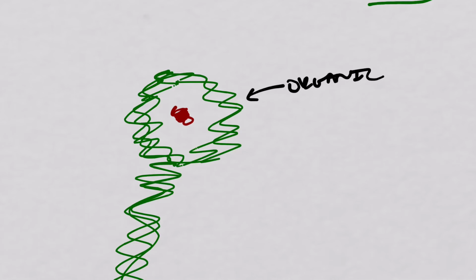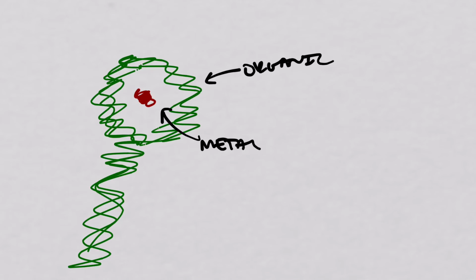In the center of every chlorophyll molecule, there's a metal ion, or a metal atom. And metals, as you remember from chemistry, are really good at both accepting and giving up electrons. They are easily oxidized and easily reduced.